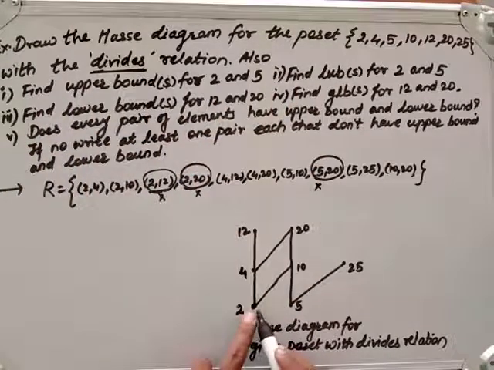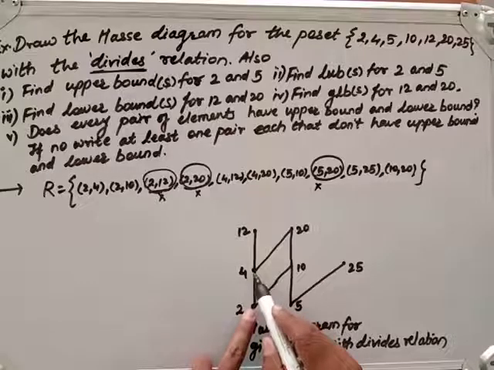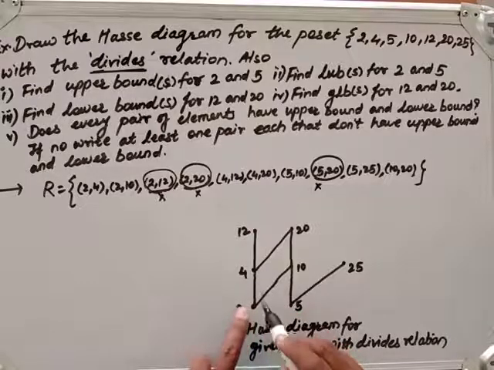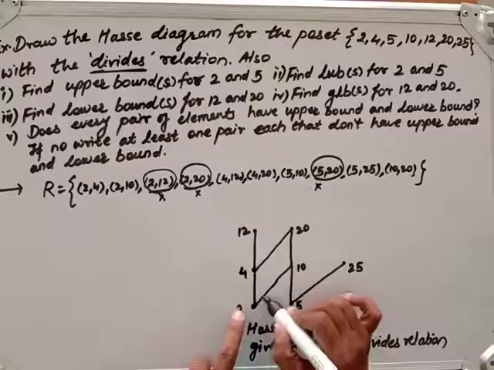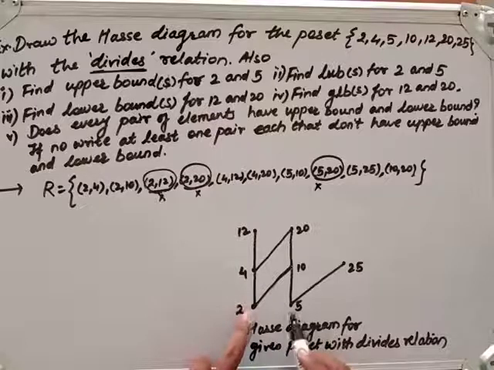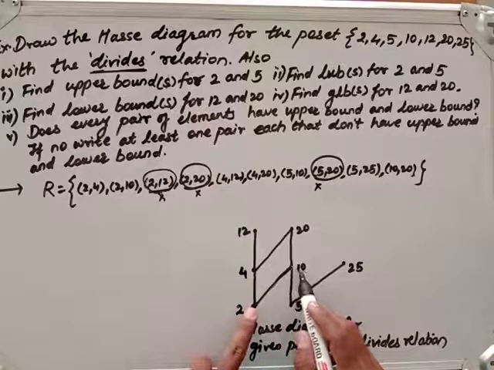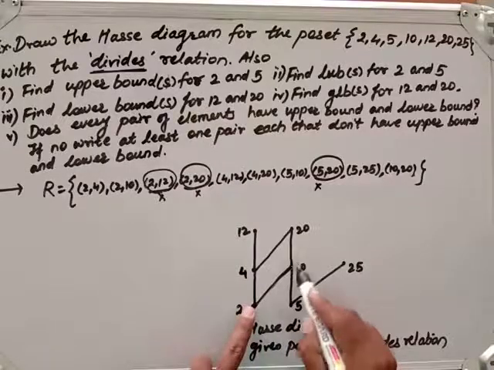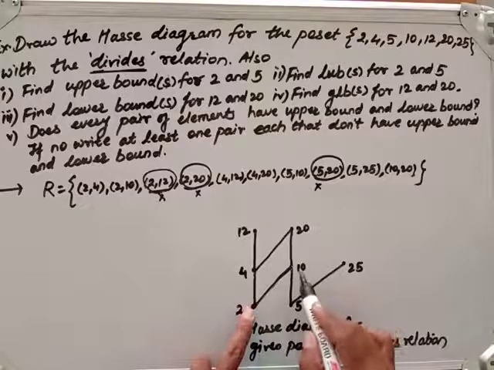Now look at here. 2 is related to 2 and 5, common of them, upper bound of them. So the upper bound of 2 and 5 is what here? Look at here, this is 10. 2 is related to 10 also, 5 is related to 10 also.